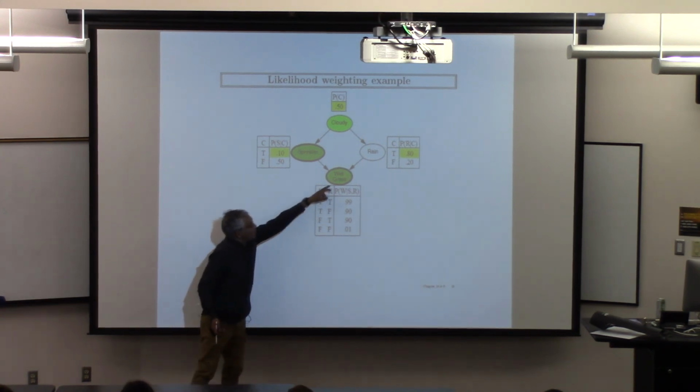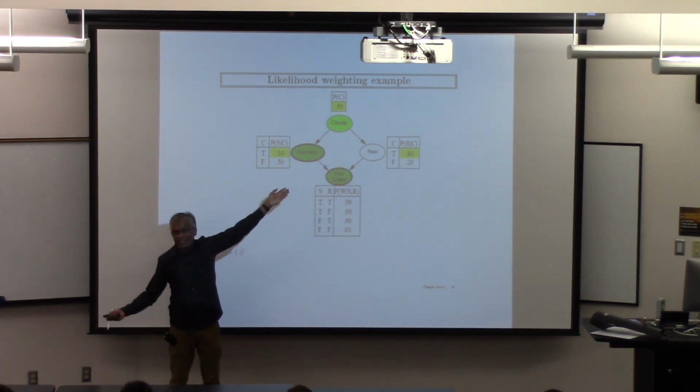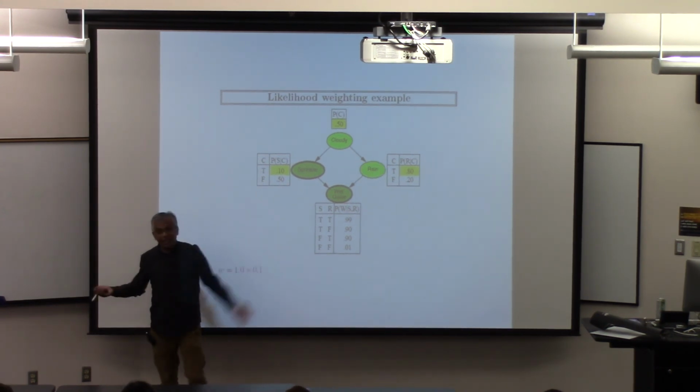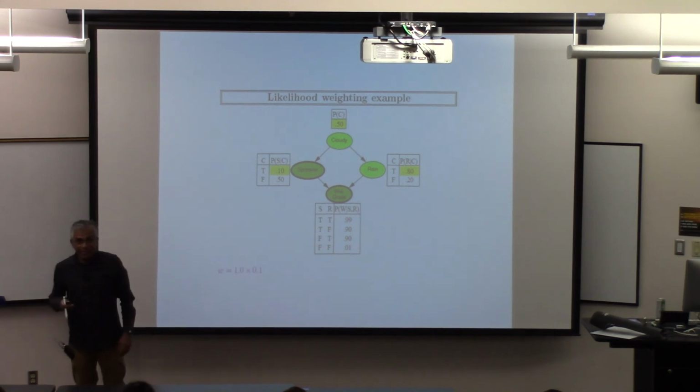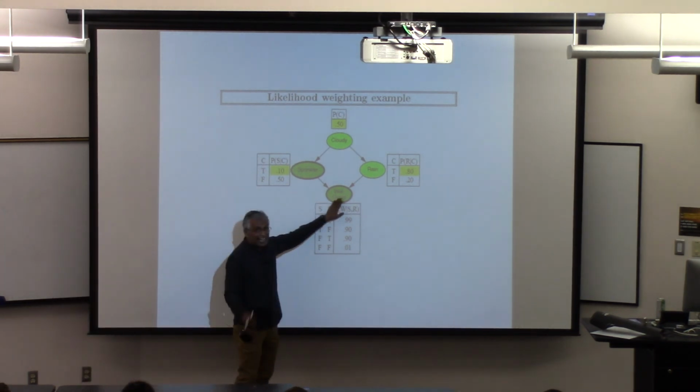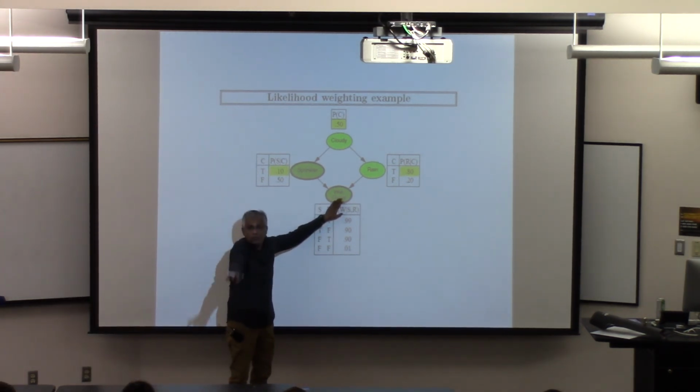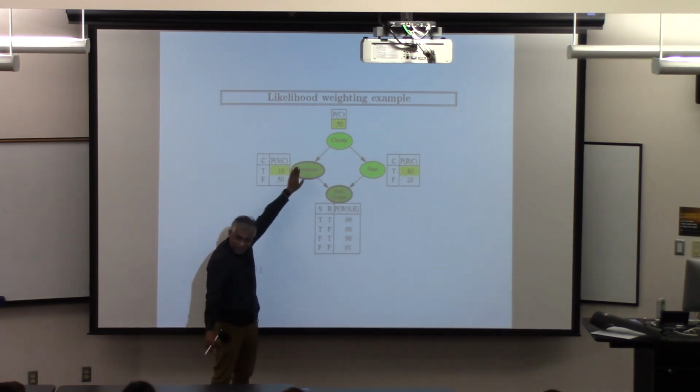Then basically I come to rain. Rain is not clamped, so I can sample it the normal way. And then it turns out that rain has been sampled to be true. At this point I need to sample wet grass, but I don't want to sample it. It has to be true. But I know that sprinkler has been made true by agreeing with a 0.1 probability.